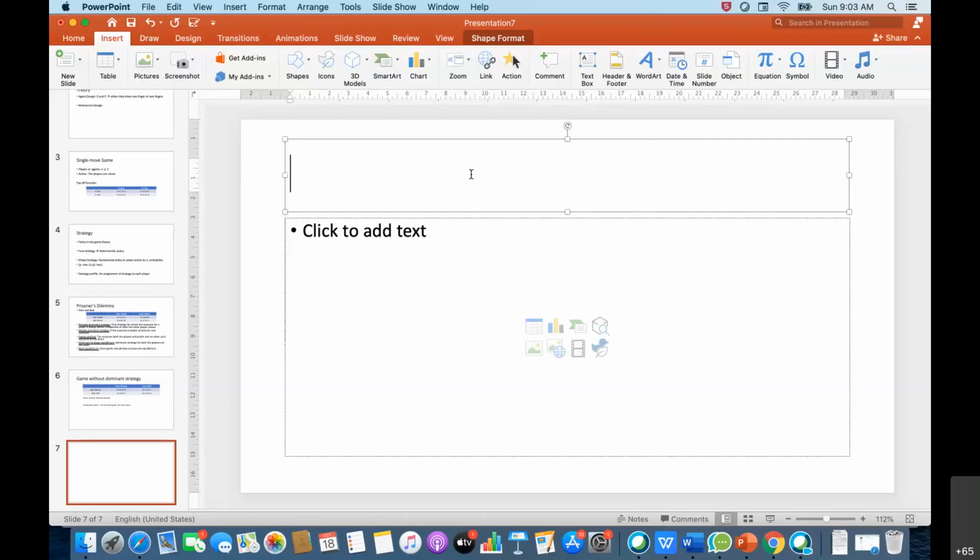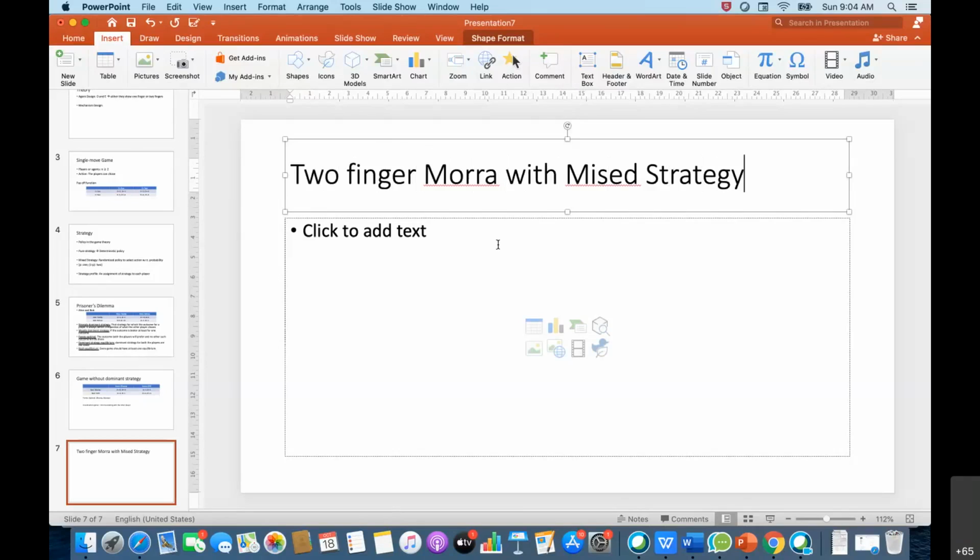How and why, that we are going to discuss. That is two finger Morra with mixed strategy. How we are going to play it.